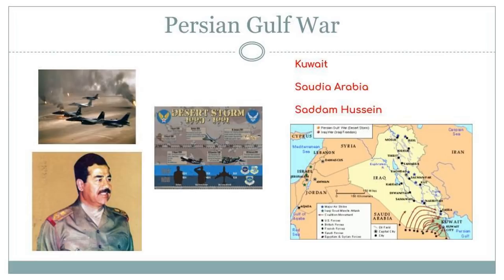Again, this was our first attempt really to move into the Middle East, into that part of the world. George Bush had a chance to actually move on into Iraq, but chooses not to, a problem that's going to be left later on for his son, who would become a president later.